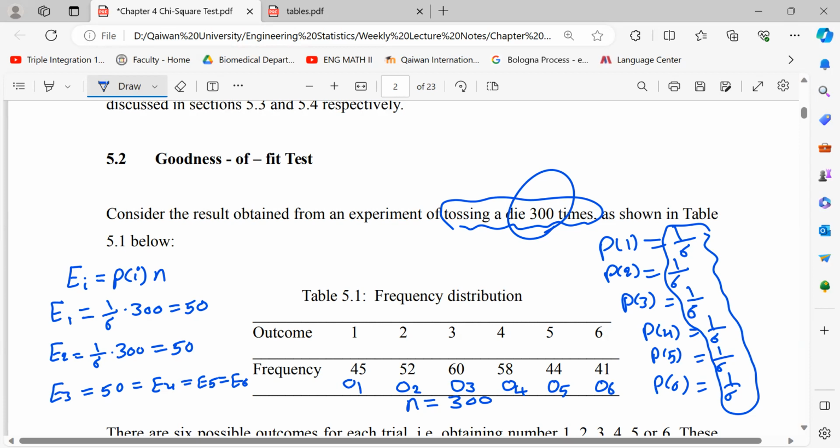So how about throwing a dice 300 times? If in each 6 trials we get 1 one, how many ones do we get in throwing 300 times? We get 50.